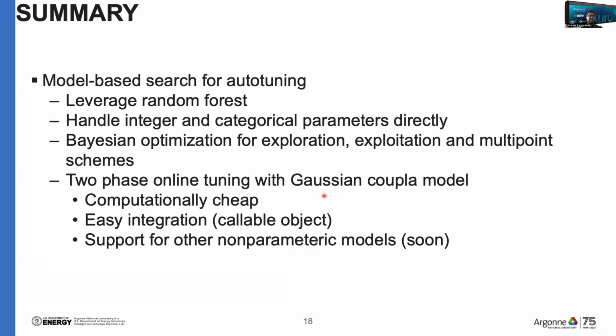We are also expanding this to other settings, in particular the transfer learning setting, where we go from a smaller input size of an application to a large input size, and how to transfer the auto-tuning results from one to the other. There are a lot of interesting developments happening on that front, and we'll be integrating those new features in the coming days.